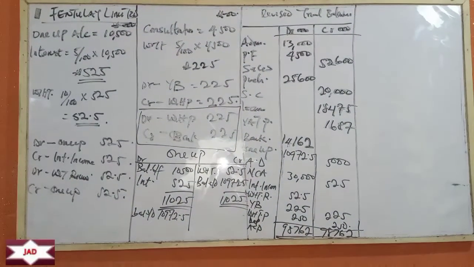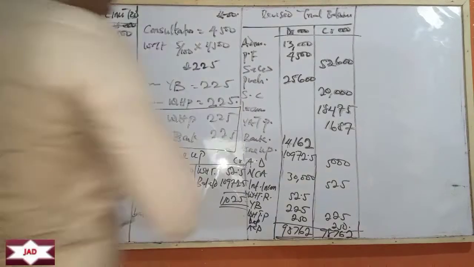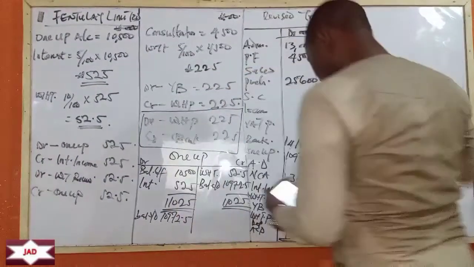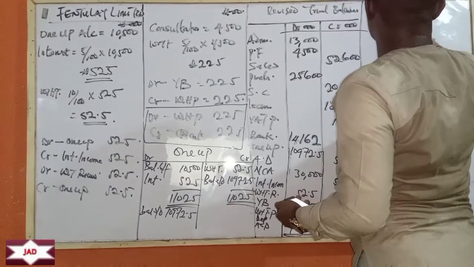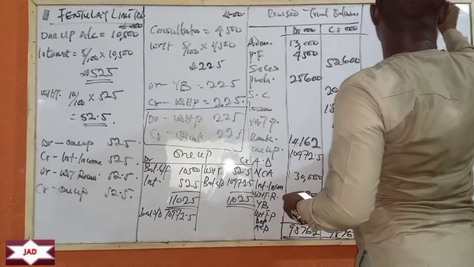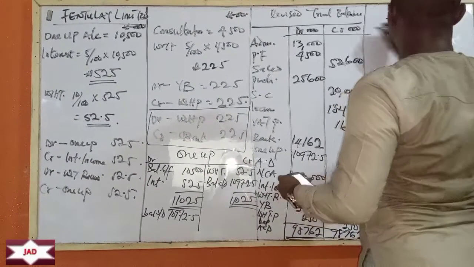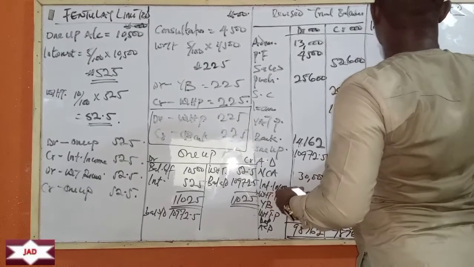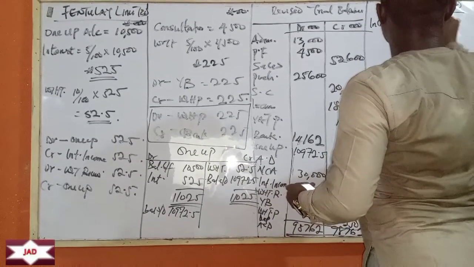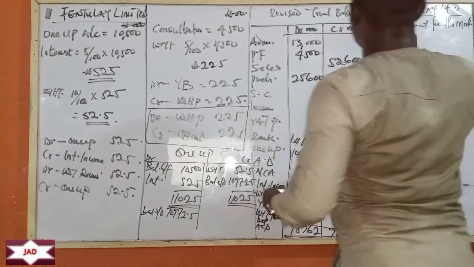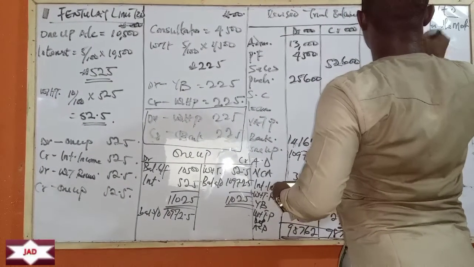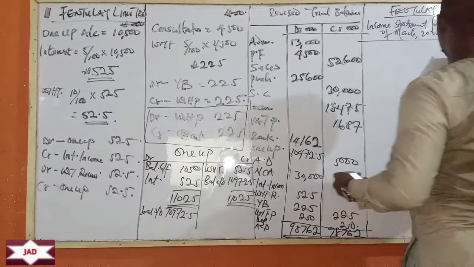Then I said prepare the income statement for the month. So let's quickly prepare the income statement. Fetule Limited, income statement for the month of March 2020.